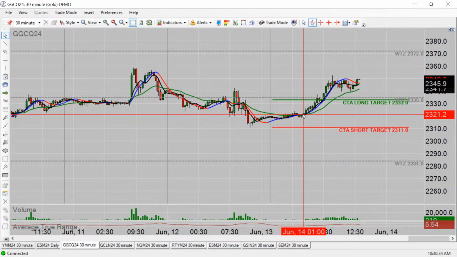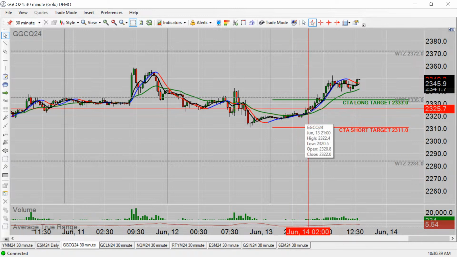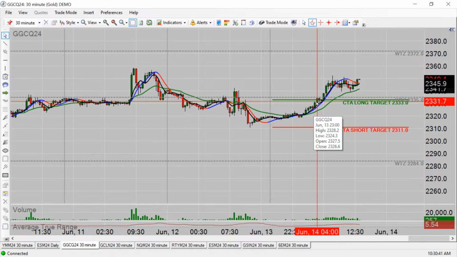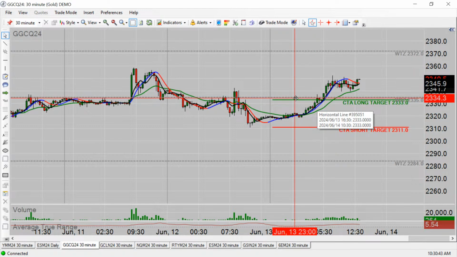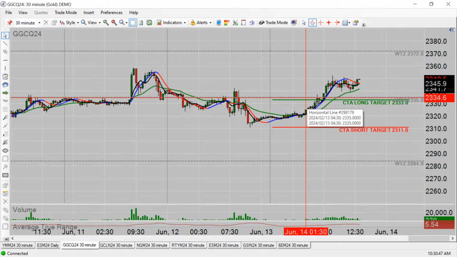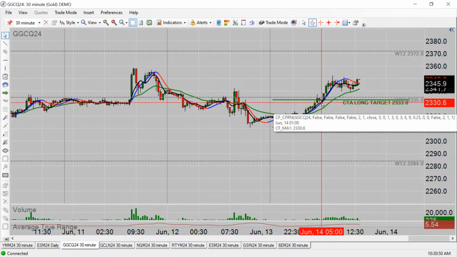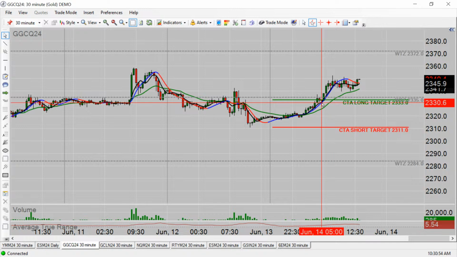Not the war, but the skirmish. And we rode the back of blue and climbing and the step line right up to the target and the weekly zone. And we consolidated for an hour and a half. That's what happens 70% of the time.